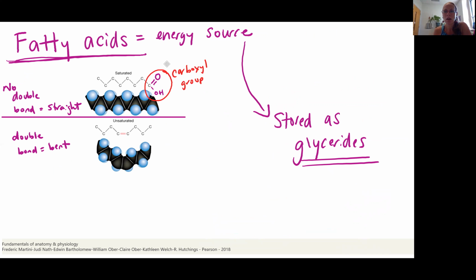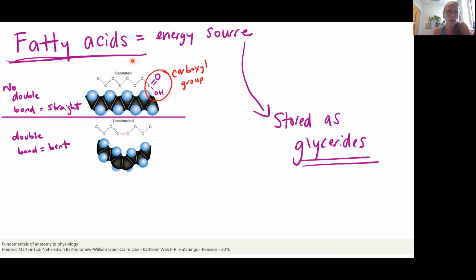When we talk about our lipids as being sources of energy, what we're really talking about are our fatty acid molecules. So that's our energy source. So just like we said, cells are going to break down carbohydrates into glucose and then use glucose to make energy. If we're breaking down lipids, we're going to break it down into fatty acids and then use fatty acids to make energy.